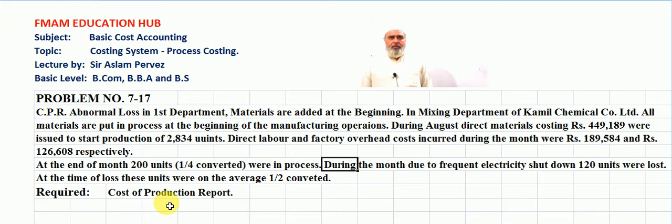Students, in this question the main point is here. It is saying that materials are added at the beginning. It means that in still in process units the material is used 100%, and also in lost units the material is used 100%. This is the logic you have to learn here.